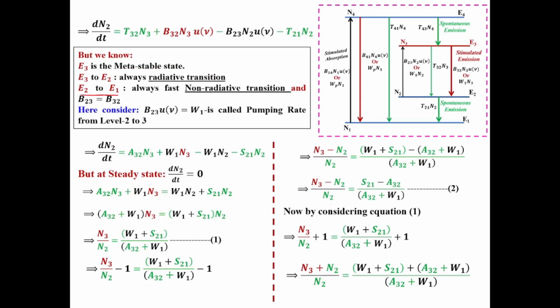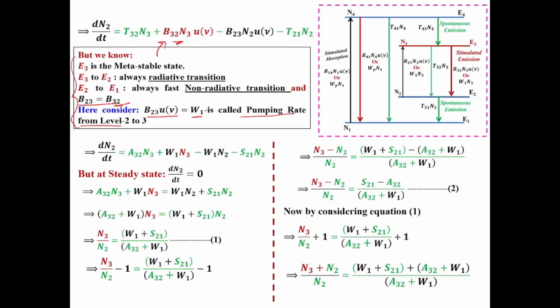Now E2 to E1 is always a fast, non-radiative spontaneous transition, right? Because E2 is very close to E1, the transition will be non-radiative. And as we know, for the non-degenerate case, B23 equals B32. Again, we consider B23 U mu equal to W1, which represents the pumping rate. So these things we are going to consider for this equation.